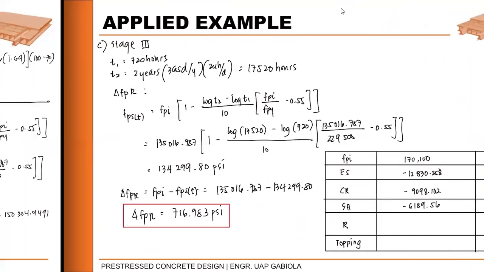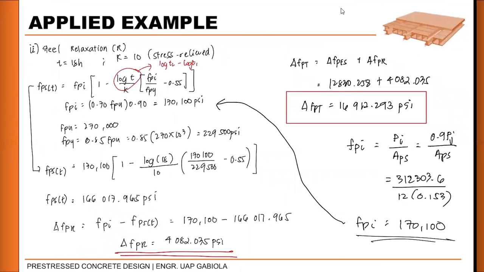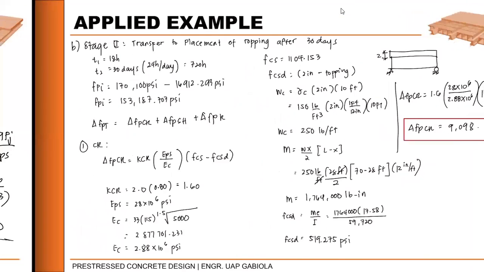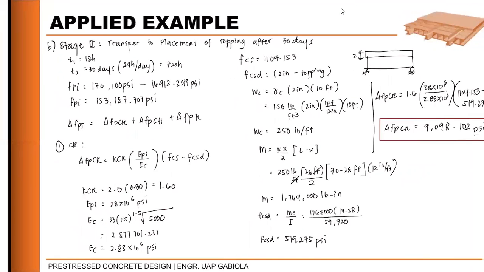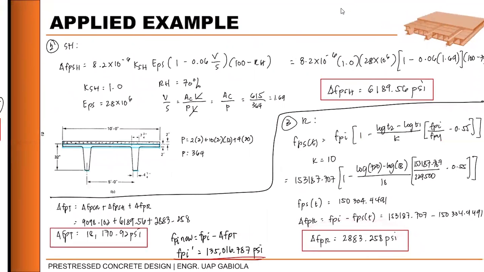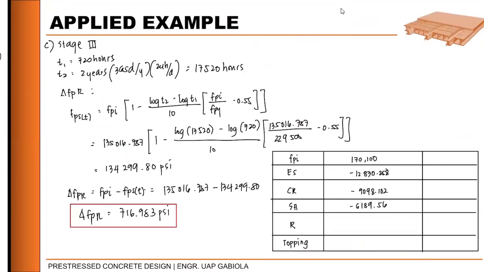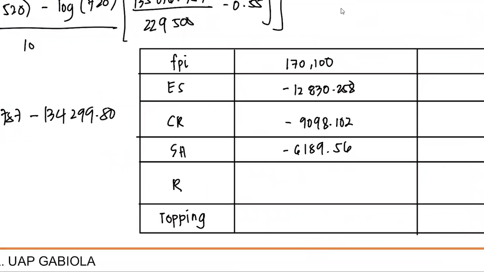Yung relaxation natin, so tatlo yun, tatlong stage. So, yung sa una, okay, ito yung unang relaxation natin. Itong value na to, no? 4082.035 plus yung atin dito sa stage 2, okay, so ito, 2883.258 plus yung last na na-calculate natin na 716.983. So, sulat natin dito.